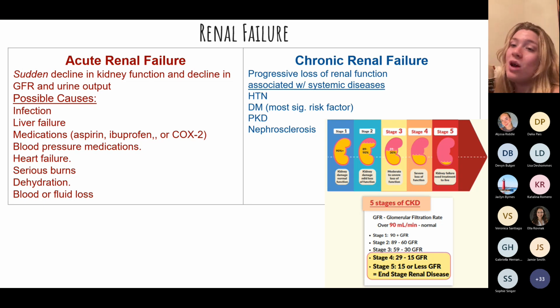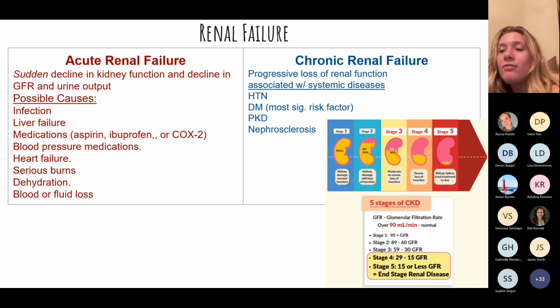If I have a lower number as my GFR, that means I'm not filtering a lot, meaning my kidneys aren't working enough. So if we have acute renal failure, this is a rapid decline in kidney function, meaning my patient earlier today was doing fine, and now all of a sudden his numbers are really bad. And usually with acute renal failure, we can kind of go back, treat it, fix it, etc.